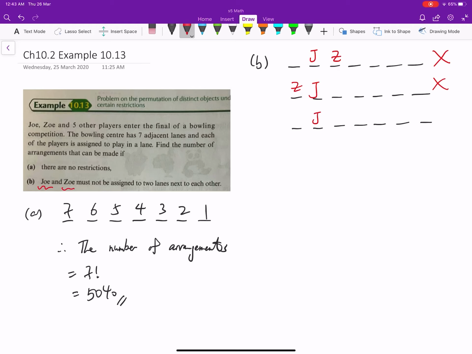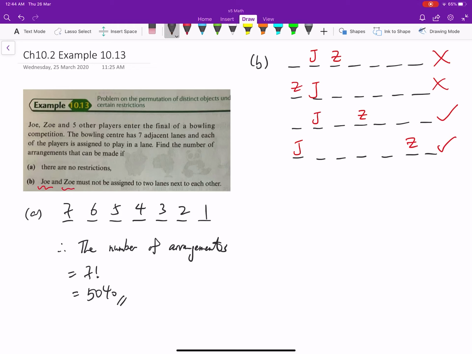Like if there is just one lane between them, then this is okay. And if they are far away from each other, this is also okay. So let's look at how to do the question. Here we have 2 methods to introduce to you.